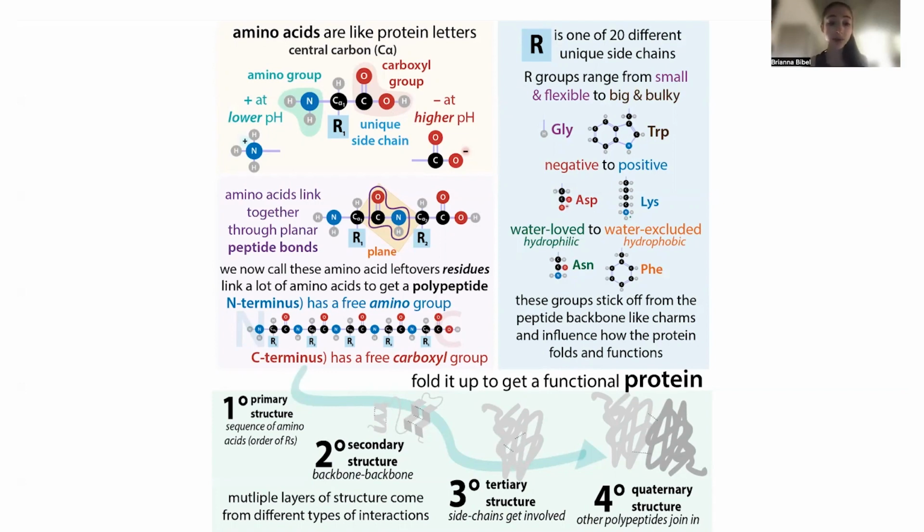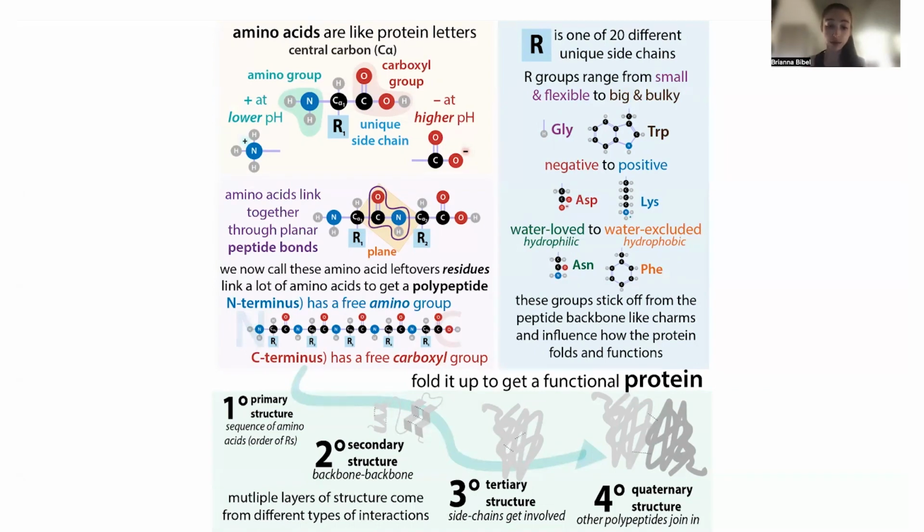And it's going to influence things at the level of the secondary structure and the tertiary structure and the quaternary structure. So the primary structure is really of primary importance. And this primary structure is just what we call the order of amino acids. This is something that you could see even without seeing a folded protein, just by looking at a sequence, because the primary structure is just the sequence of amino acids.